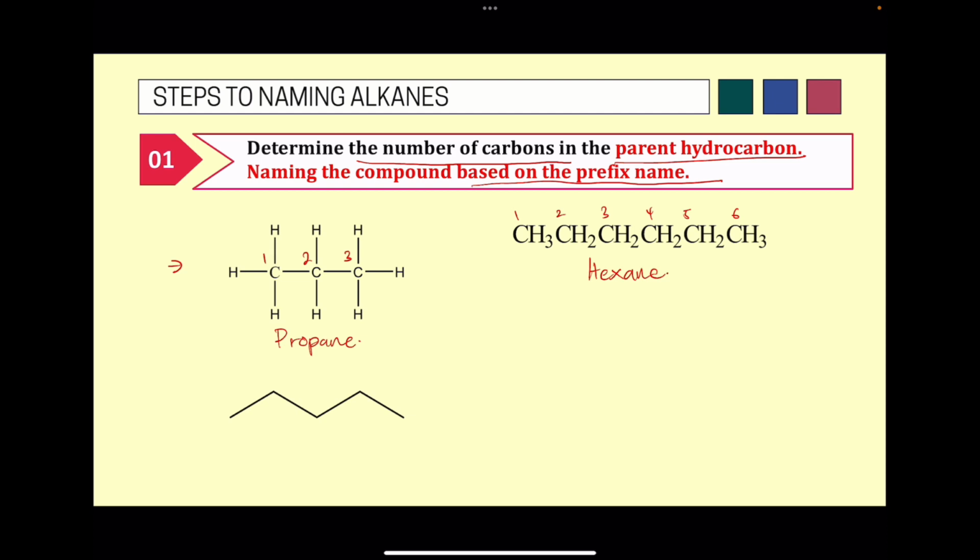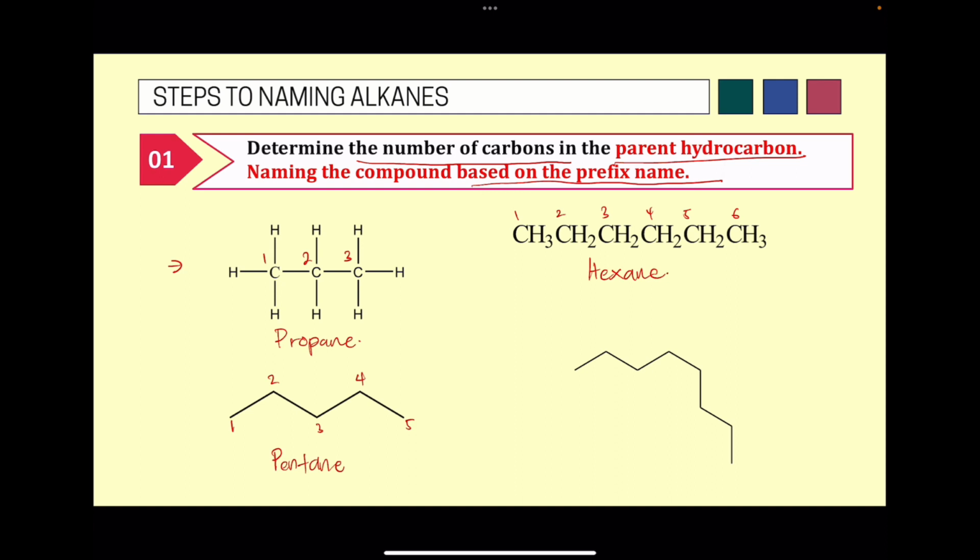Seperti mana yang saya nyatakan pada awal-awal tadi, untuk skeletal structure bermaksud setiap bucu atau setiap hujung tu merujuk kepada satu carbon. So for this structure kita ada 1, 2, 3, 4, 5 carbon. So untuk 5 carbon kita boleh namakan this compound as pentane.